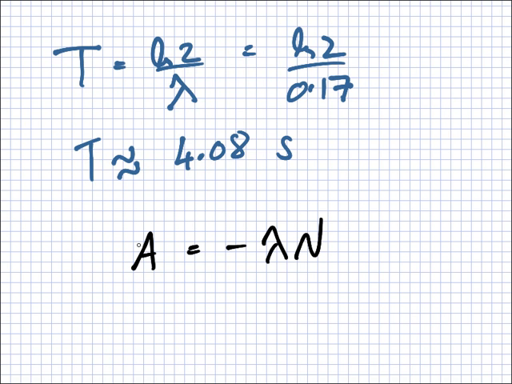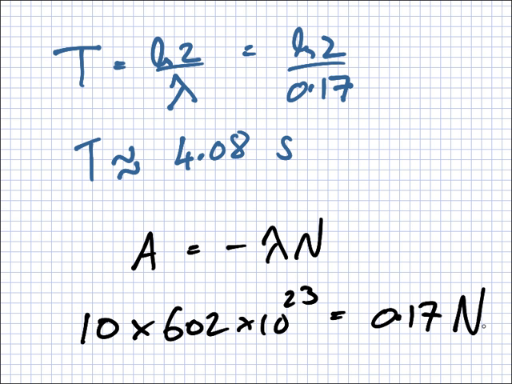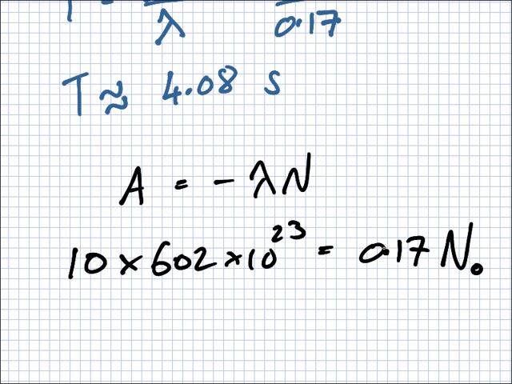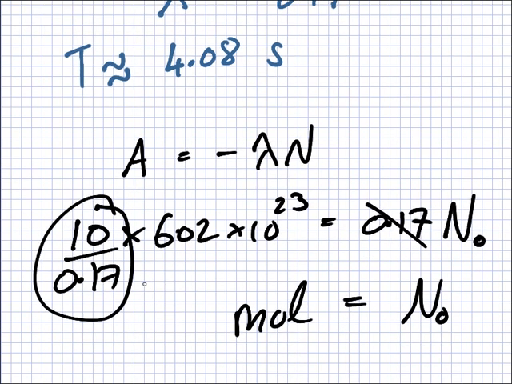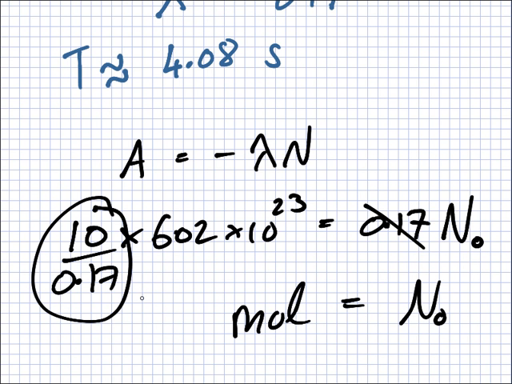But be careful, it's not 10, it's 10 times 6.02 times 10 to the 23. And that's equal to 0.17. What you can do is just divide the 10 by 0.17, and we'll just say the answer is moles. So 10 divided by 0.17, what's that, 60 or something? 58.8 moles.